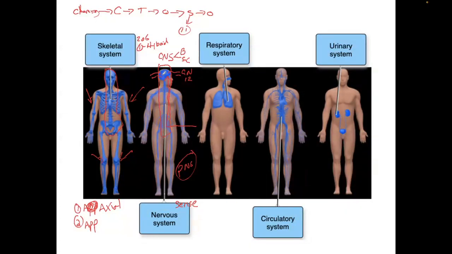And then when the brain receives the information, it sends it down like a down elevator and sends it out to different parts of the body. We call that motor information. So we have sensory nerves and we have motor nerves. Sensory is the up elevator, going up the spinal cord to the brain, and then going down is the motor neurons.